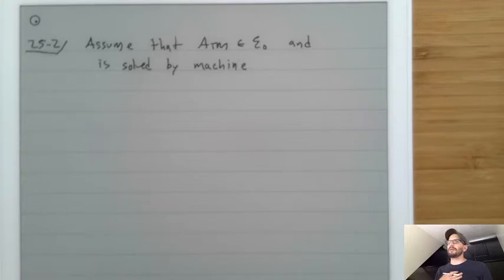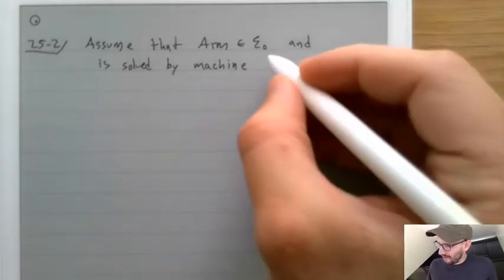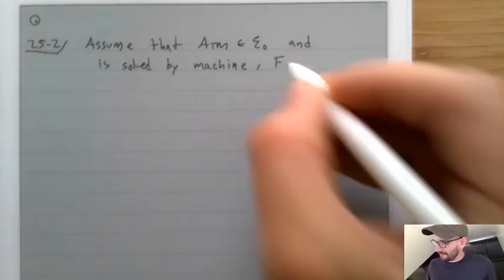We don't want to choose A, that's kind of boring. Maybe we'll have it be run by the machine F.